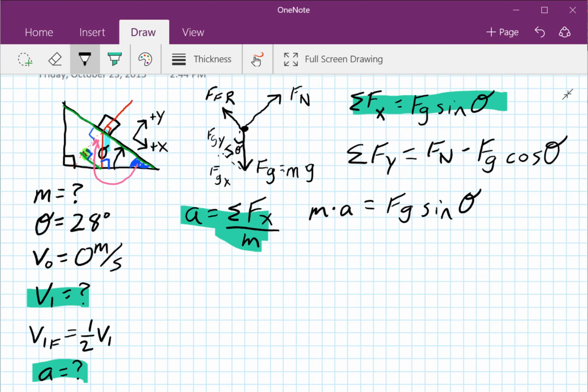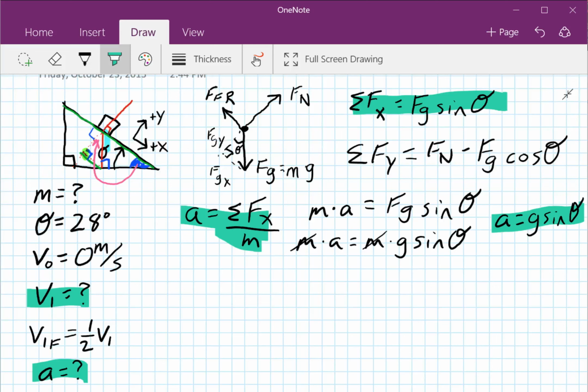We can obviously write mg for Fg, so we can say m times a equals m times g sine of theta. Go ahead and cross off the mass, and now we have that the acceleration without friction will be g sine of theta. So I'm going to highlight that with our frictionless values.